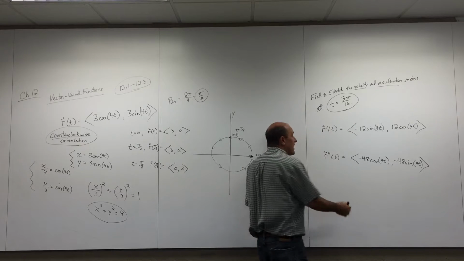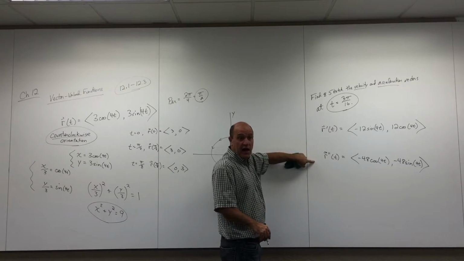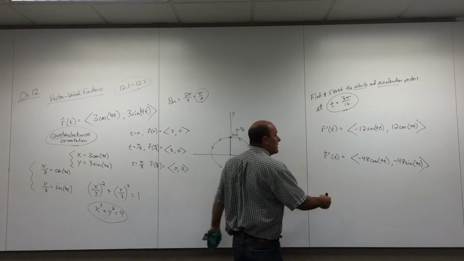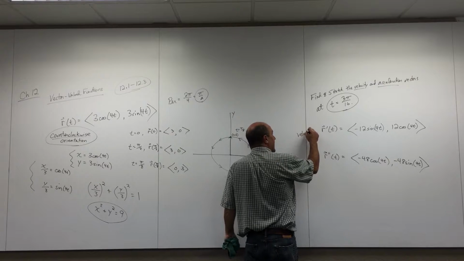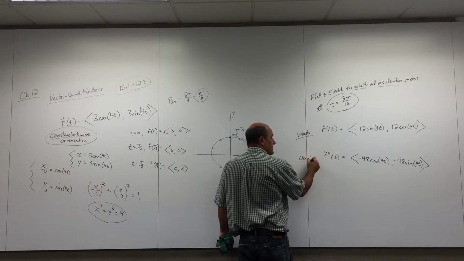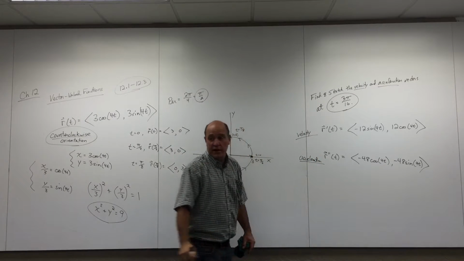All right, cool. So what I have here are velocity and acceleration vectors in general, at any t, which is awesome. I got these velocity and acceleration vector formulas. Now all I have to do is plug in whatever t they want me to plug in.